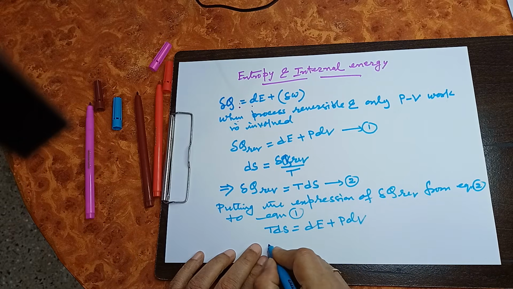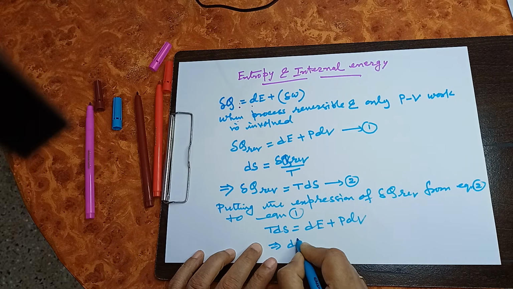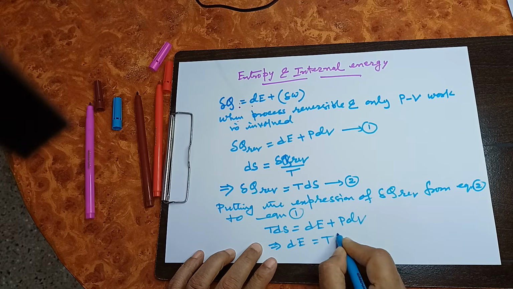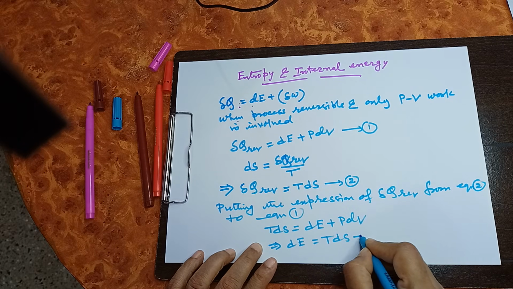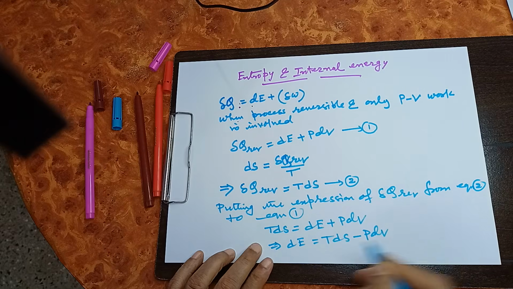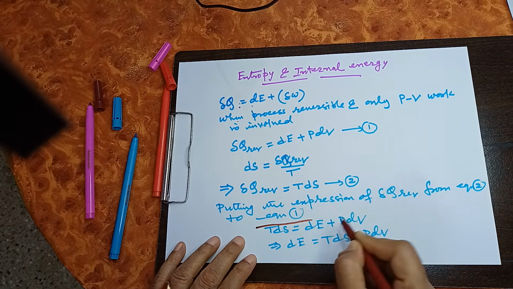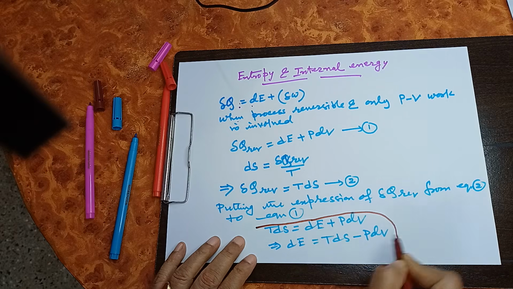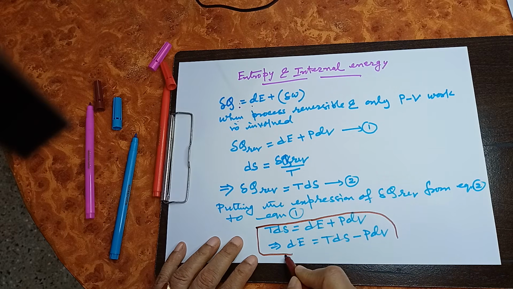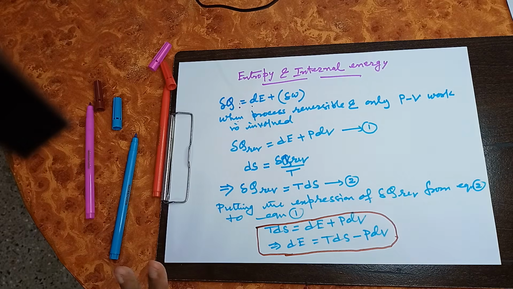or we can write dE is equal to T dS minus P dV. So this is an important relation. This is the combination of the first and second laws of thermodynamics.